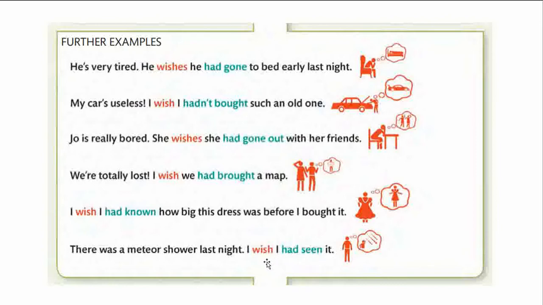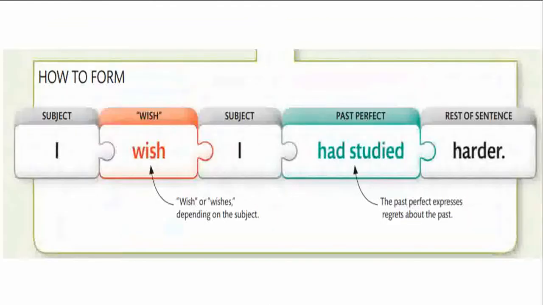At this moment, you're requested to pause the video and construct sentences using wish and past perfect tense. Let us proceed and analyze the structure so that you can self-evaluate the sentences that you have constructed. Let us see the table. We have the subject. Subject over here is the first person pronoun.